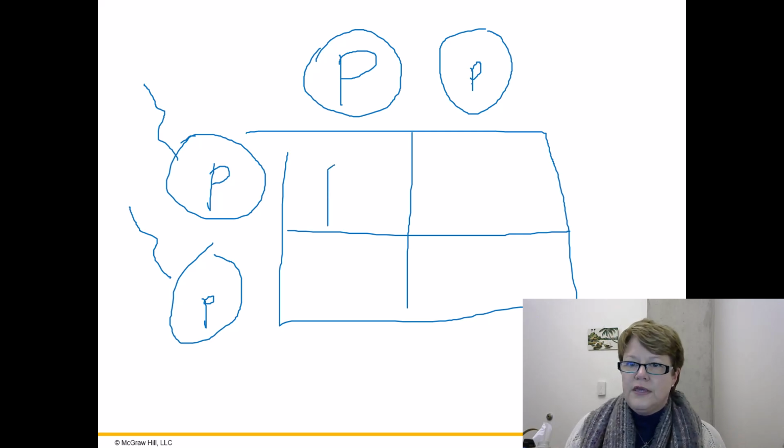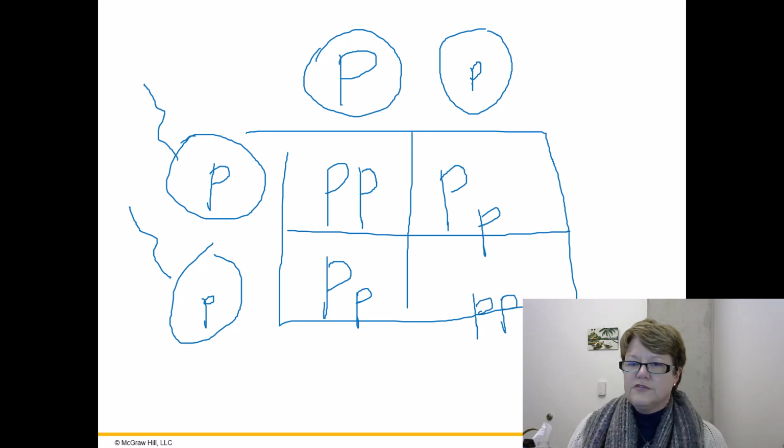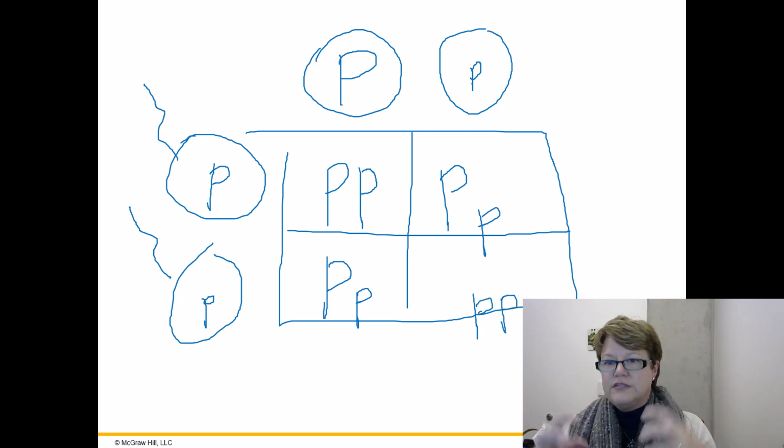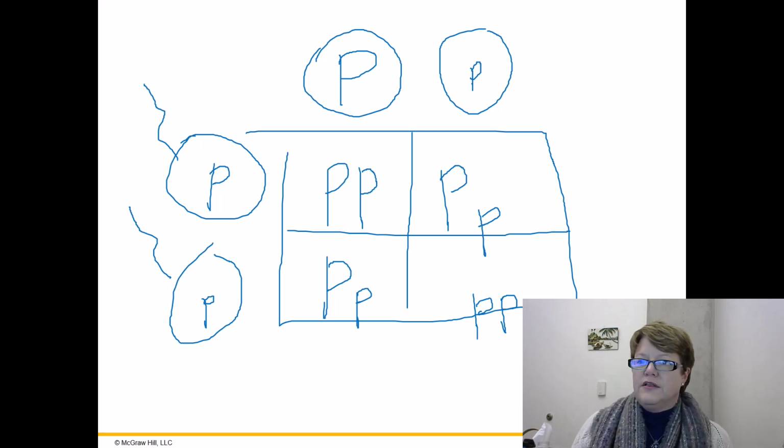So big P and big P end up together, that's a zygote. Big P and little p end up together, that's a zygote. Big P, little p, that's a zygote. Little p, little p, that's a zygote. Now, I'm not saying there's only 4 offspring, but when you reduce it down to that simplest ratio, it would fall into this pattern.